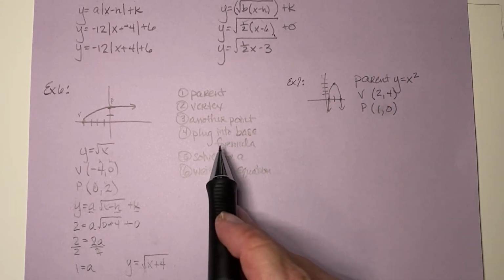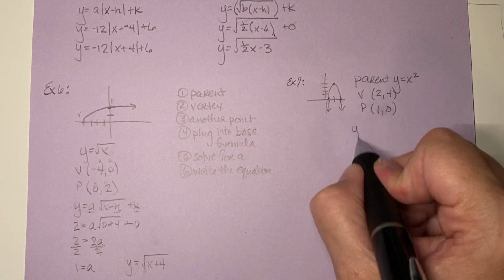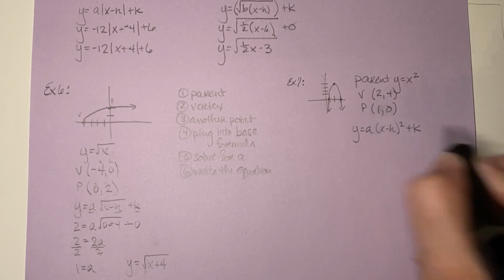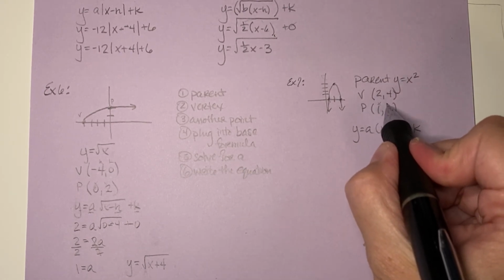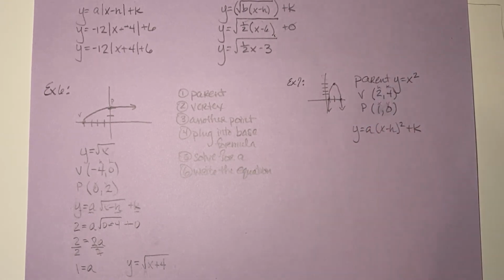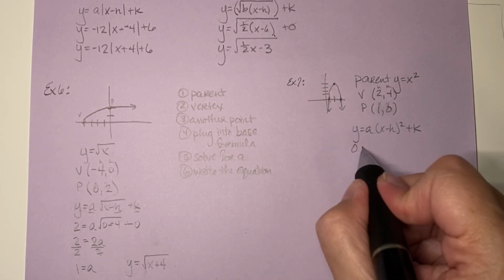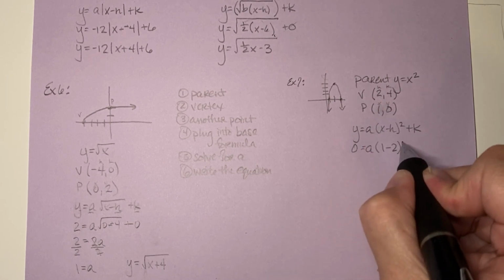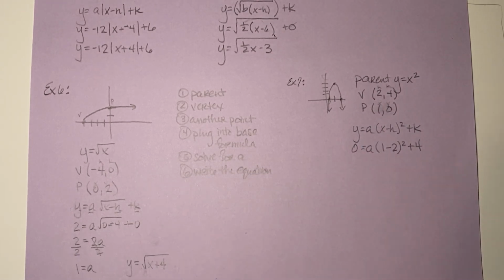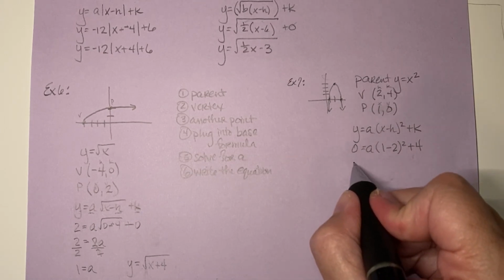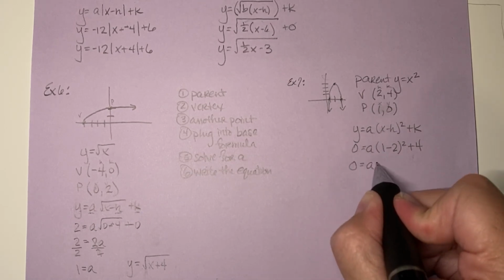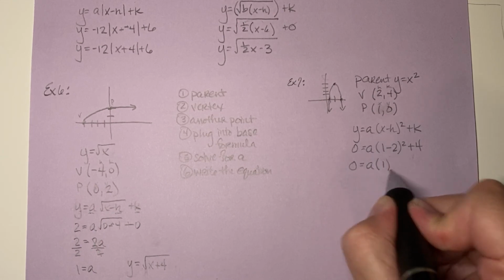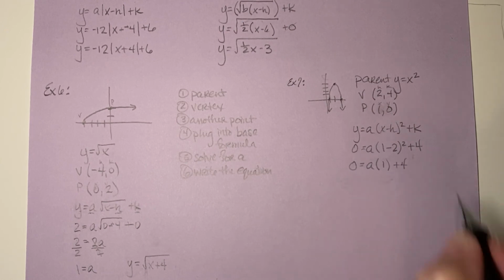Now plug into the base formula. Plug in x, y, h, and k. So y is 0, x is 1, h is 2, k is 4. So 0 equals a times (1 minus 2) squared plus 4. 1 minus 2 is -1, -1 squared is 1, plus 4.